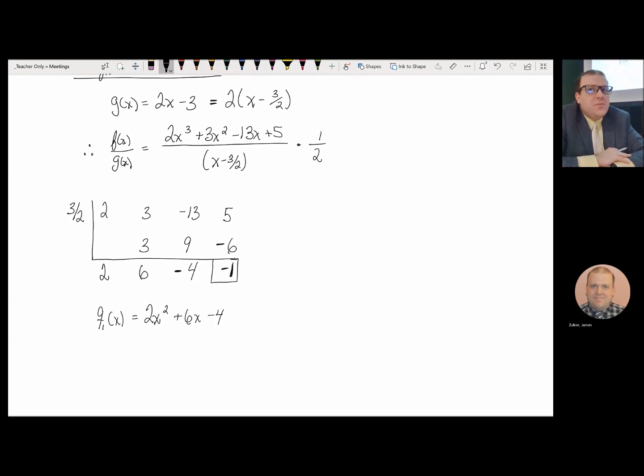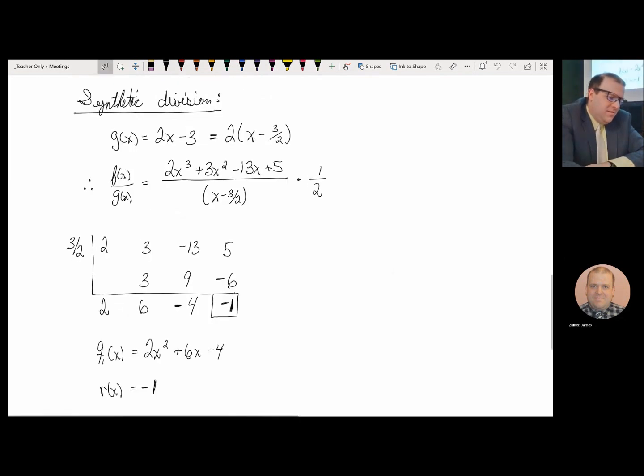And that last term is, of course, the remainder. And notice I wrote Q1, because we still have to do something. We have to multiply Q1 by a half, because of factoring out the 2 from the divisor.